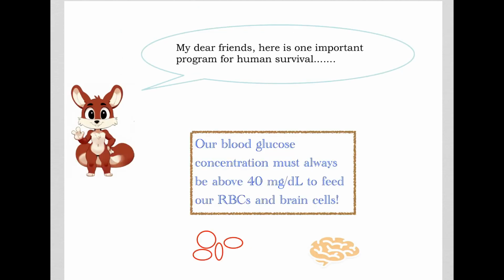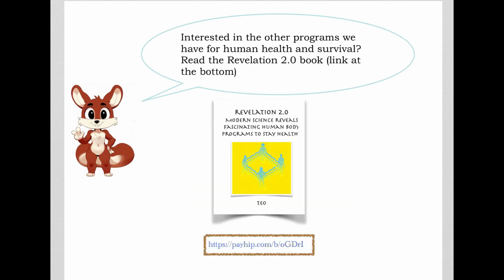So this, my dear friends, is one of the most important programs for human survival, one of the most important programs for human metabolism. Our blood glucose concentration must always be above 40 milligrams per deciliter to make sure your brain cells have enough glucose as well as the red blood cells.